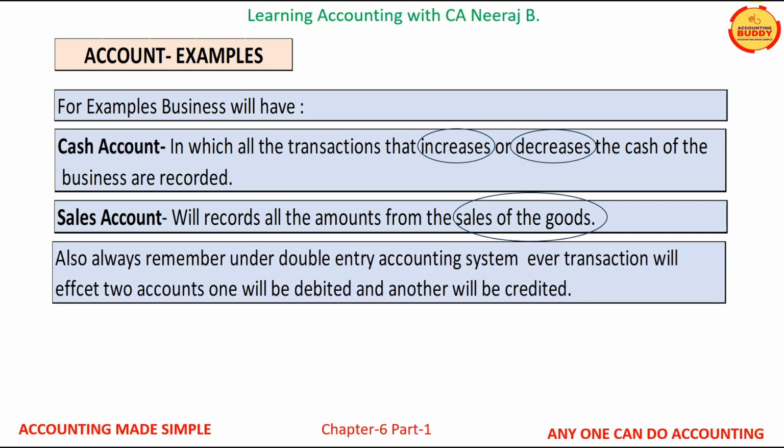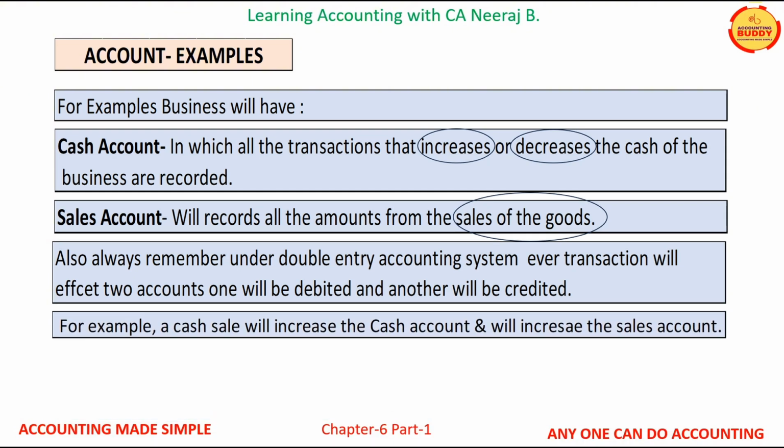Also, always remember, under double entry accounting system, every transaction will always affect two accounts. One will be debited and another will be credited. For example, cash sales will increase the cash account and will also increase the sales account.